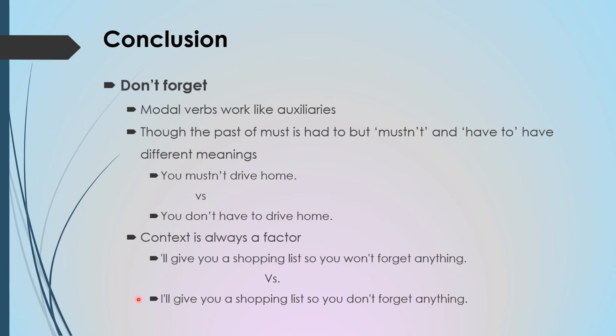So it is a little bit strange in the sense that the first one is in the future form and the second one is in the present form. So you do not forget anything, that means you have this kind of tendency to forget. So that's why, as you don't forget, I will give you a shopping list whenever you go to a shop. So these things you need to keep in yourself. You should not forget these things.